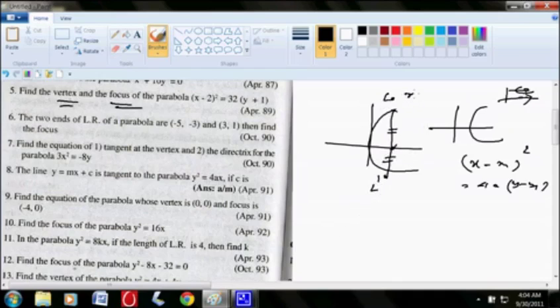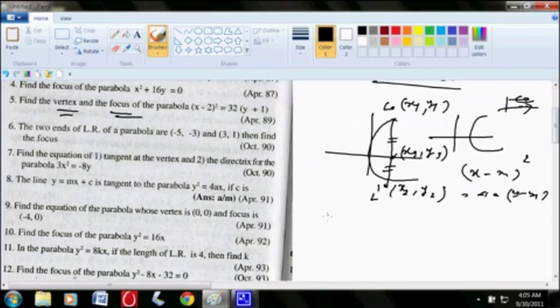So if I take this as (x1, y1), this as (x2, y2), and the focus as (x3, y3), according to the midpoint formula from class 11th, first PUC, x3 is (x1 plus x2) by 2, y3 is (y1 plus y2) by 2. So simple.